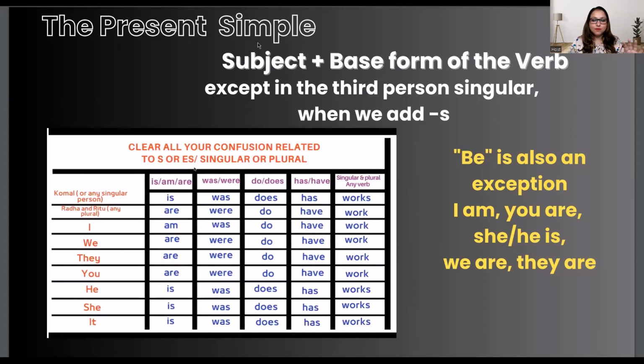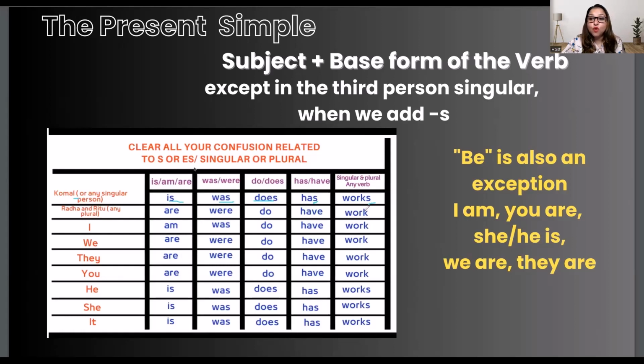Okay, so just one simple hack is that whosoever is single, we pair them up. If somebody is a bachelor, we'll find a girl or boy for that person. So whichever is the singular in English, we will pair it with S or ES. And look at the beautiful thing: is, was, does, has.